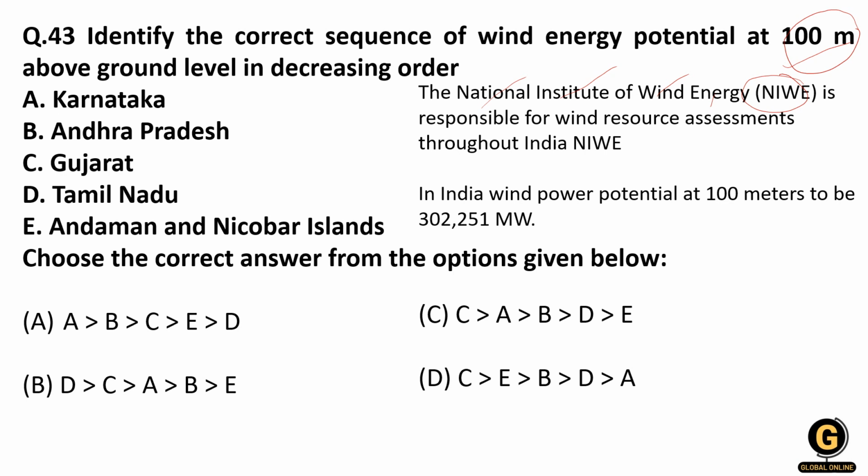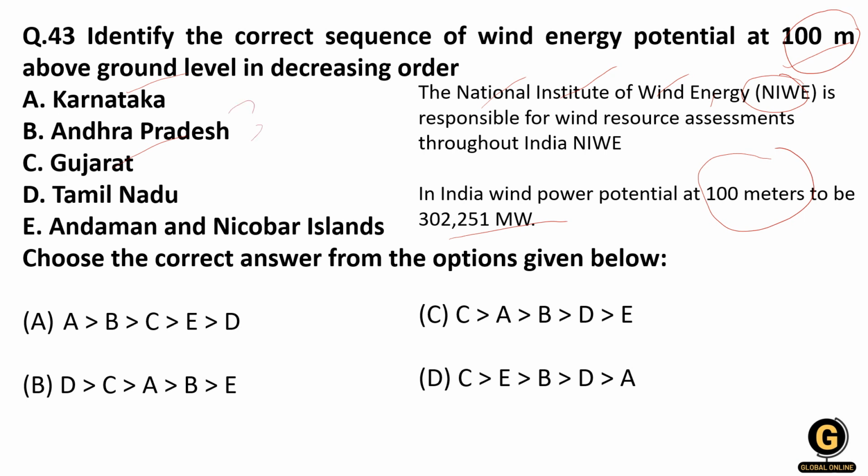So you have to remember National Institute of Wind Energy, and it has estimated that India's wind power potential above 100 meter is 3,02,251 megawatt.